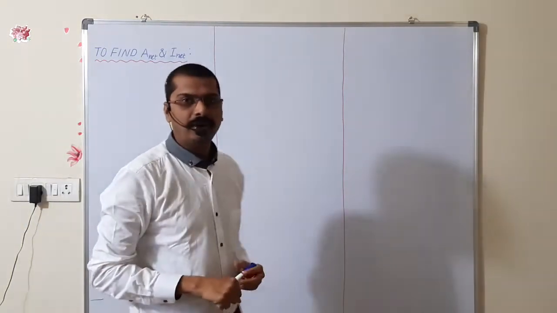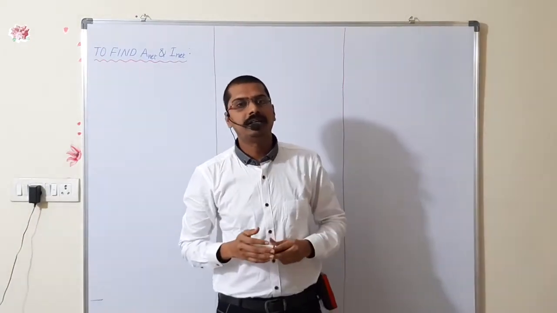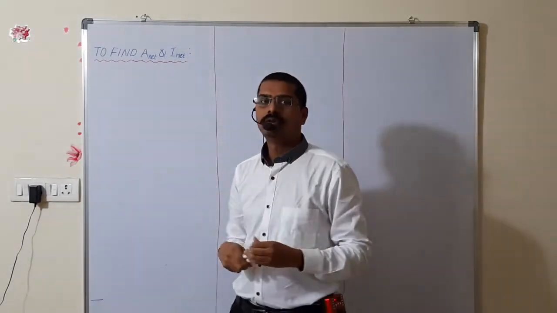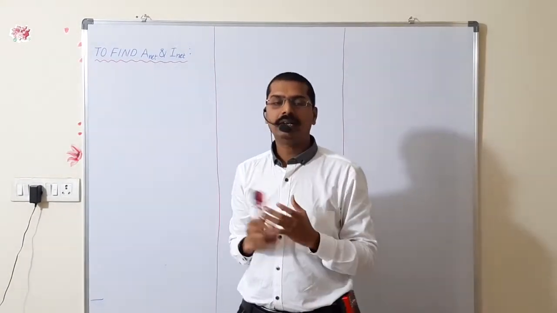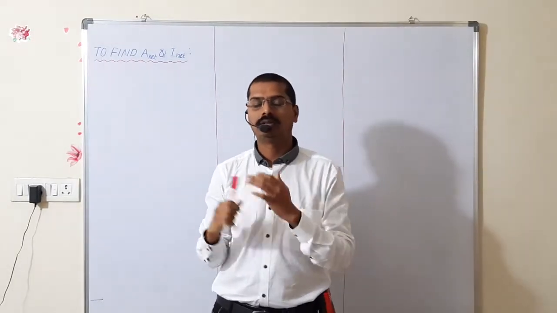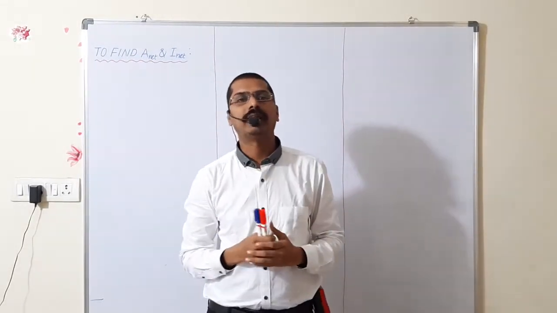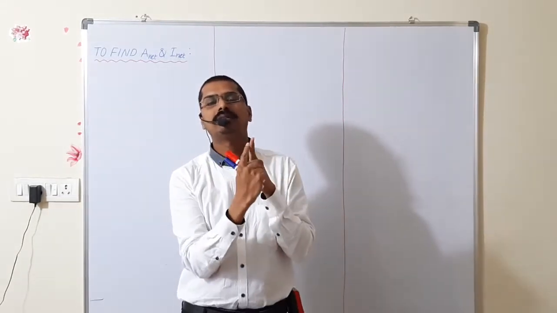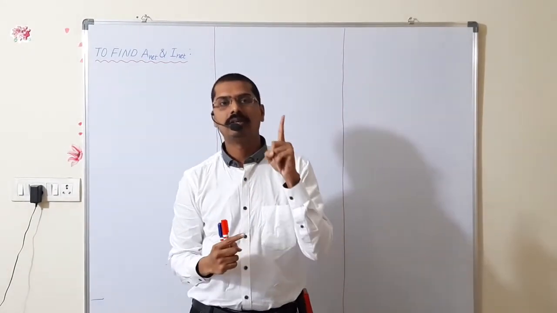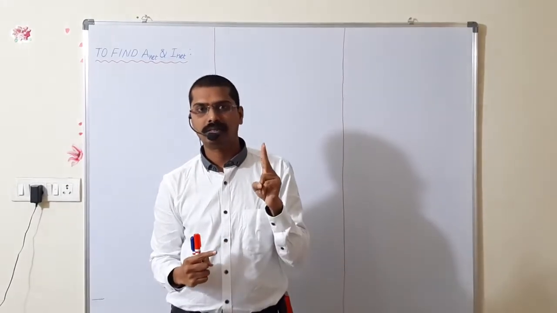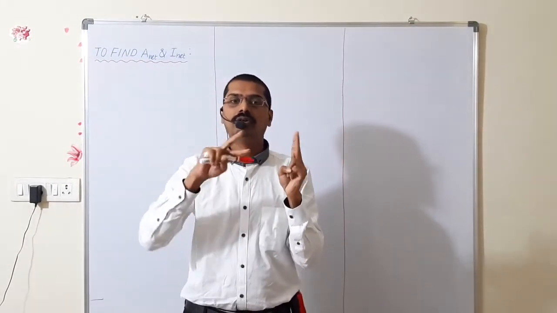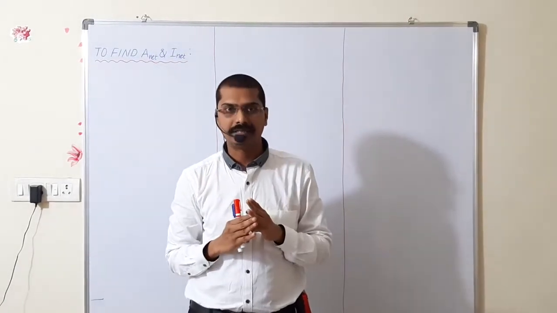Now we will find the net intensity and the net amplitude. How do we find it? Here we can find net intensity and net amplitude in three ways. The first one is based on phase difference. The second one is path difference. The third one is two waves having common intensities.